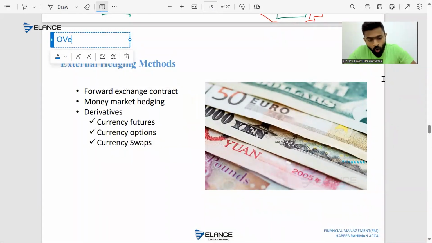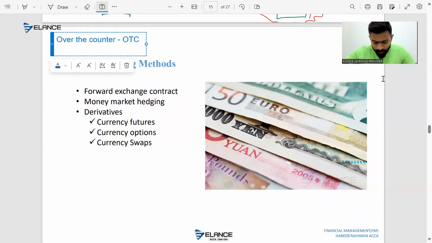One is over the counter, in short OTC. These are the contracts made with banks and financial institutions.